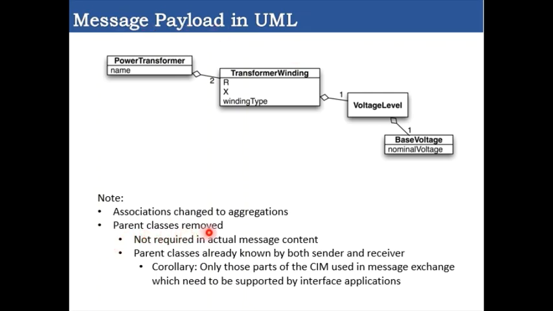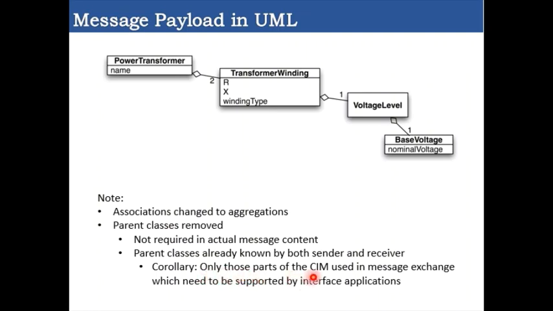Why? We do not require the parent classes to be associated with the message payload, because the receiving application which will receive the message payload will already have the information about the associated parent classes. So we need not map those classes which are not directly contributing in mapping the attributes.